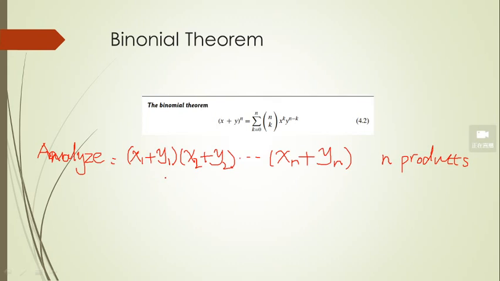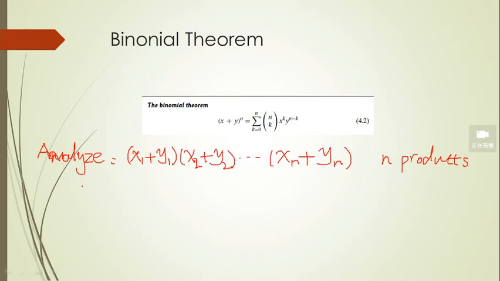So you can count in this way. For each parenthesis, you are going to pick one, right? You're going to pick either x1 or y1 in the first parenthesis, then times the second parenthesis. You either pick one of them to form a term, and then in the third parenthesis, you either choose x3 or y3. And then in the last parenthesis, you either choose xn or yn, right?